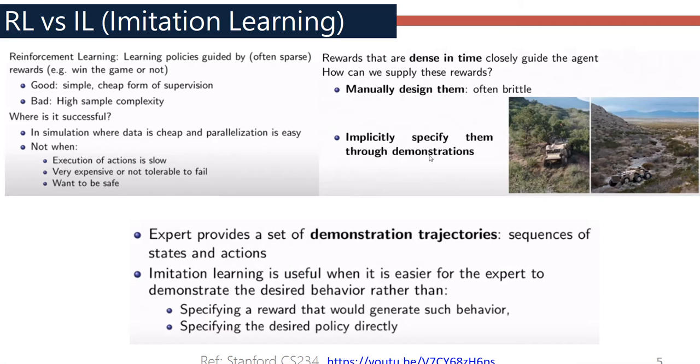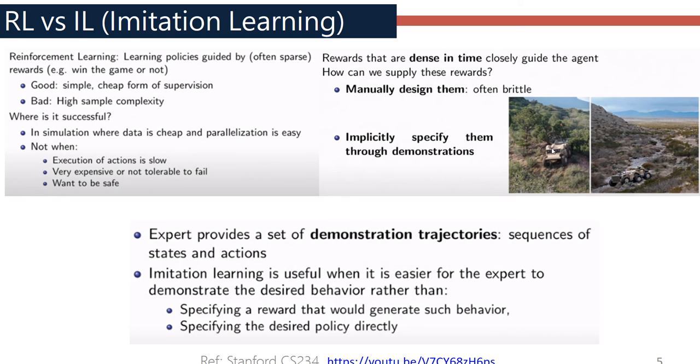Okay, here are some results. Reinforcement learning is useful when we can define the reward, and we have a simulator to let the agent learn something based on the reward function. But in many real-world applications, like self-driving car or self-driving helicopter or self-driving drone, it's very difficult or even impossible to define the reward, or the reward may be very brittle.